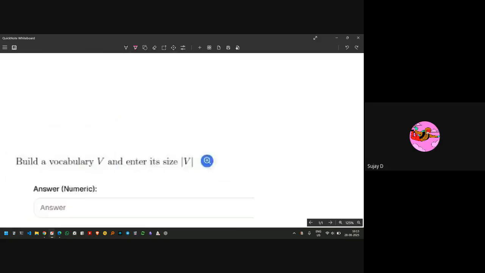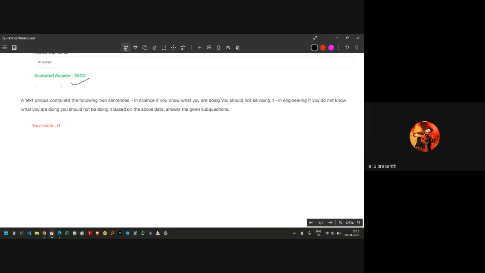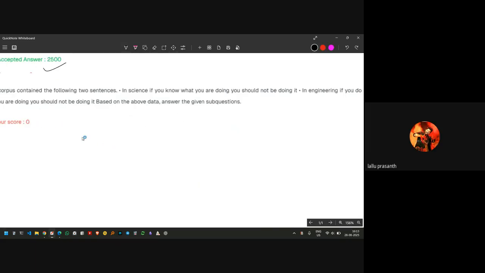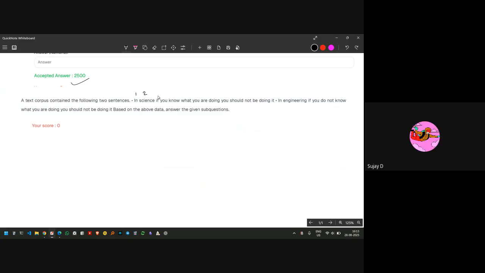Vocabulary size. Okay, count. 1, 2, 3, 4, 5, 6, 7, 8, 9, 10, 11, 12, 13, where is do?